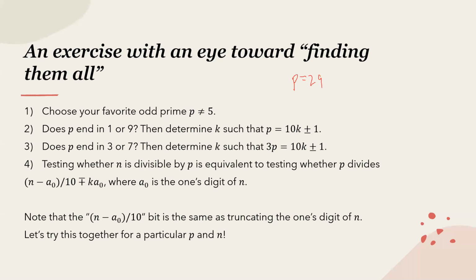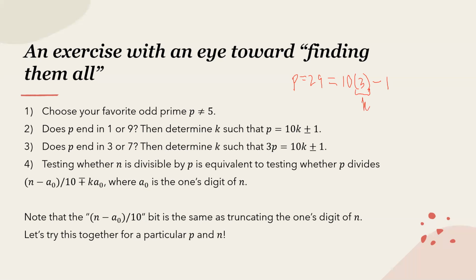So I need to write that as 10 times something minus 1 or plus 1, in this case minus 1. So that's going to be 10 times 3 minus 1. So that means that our K is 3.